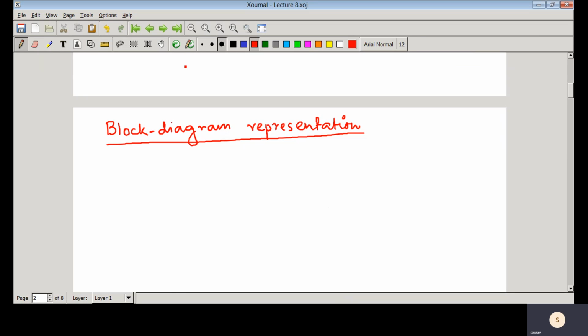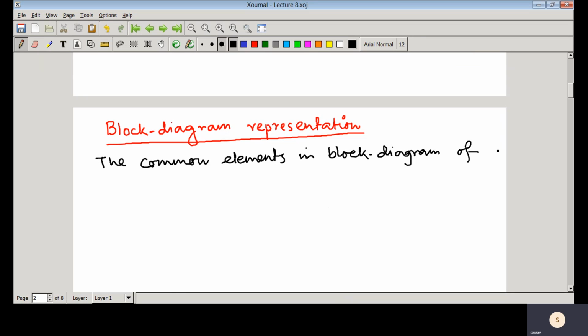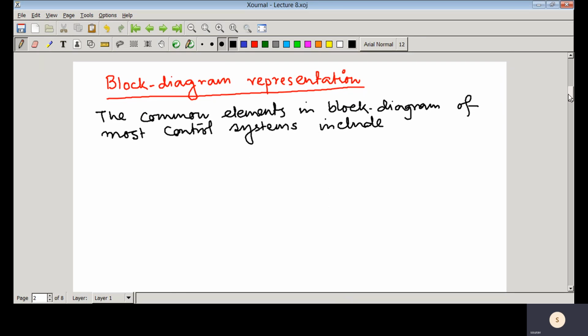So let us see that the common elements in block diagram of most control systems include, so these are actually the main block diagrams involved in control systems, closed loop control systems.